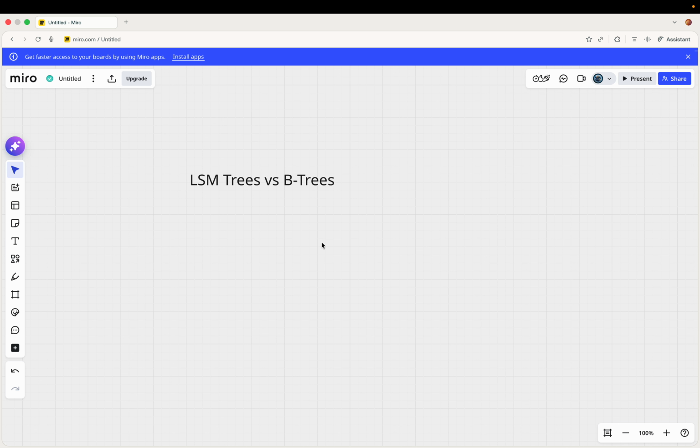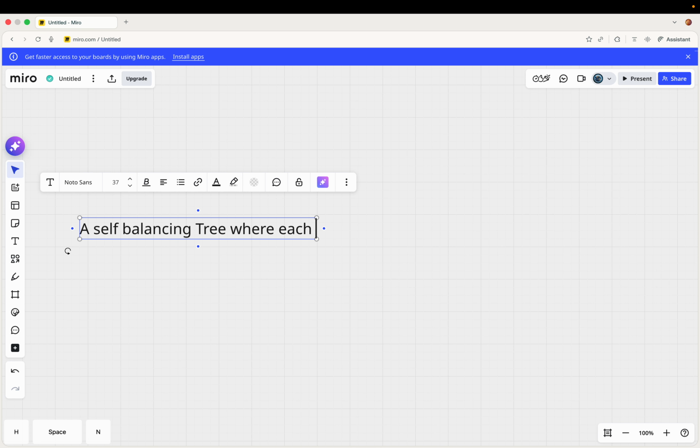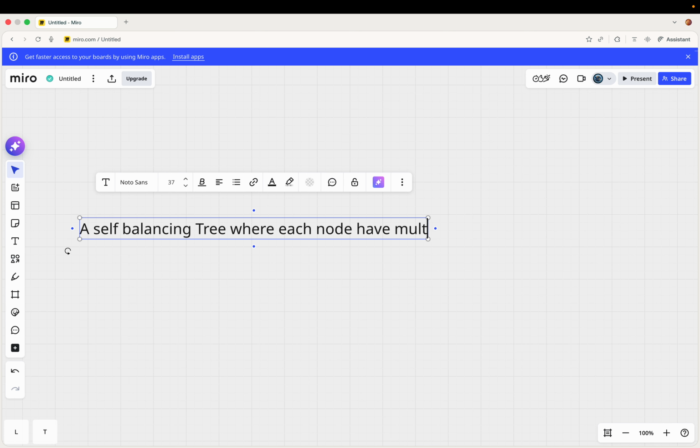So, what is a B tree? Let's study about B tree first. We know too much about it. I mean, we have good enough knowledge about it. So, a B tree is a self-balancing tree where each node has multiple children, and we know where they are used.